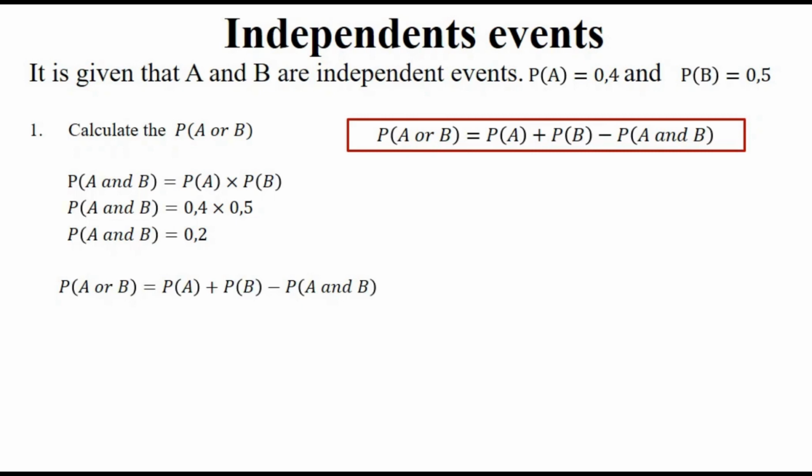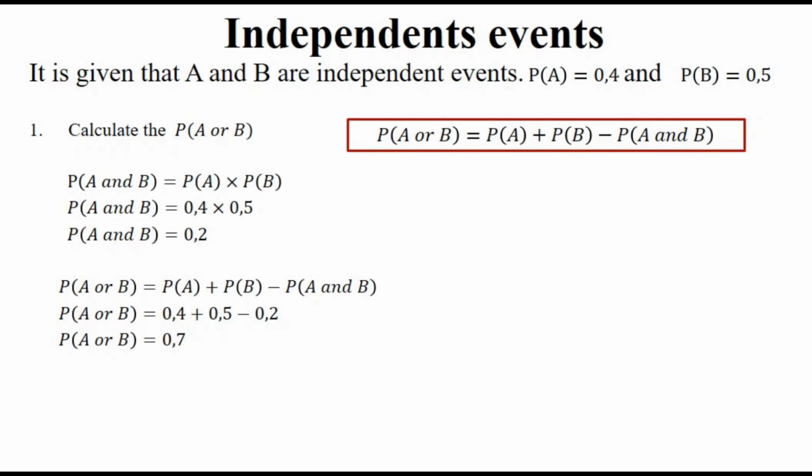We substitute the value of the probability of A, the value of the probability of B, and the value of the probability of A and B. Then it gives us that the probability of A or B is 0,7. This is the probability of A or B.